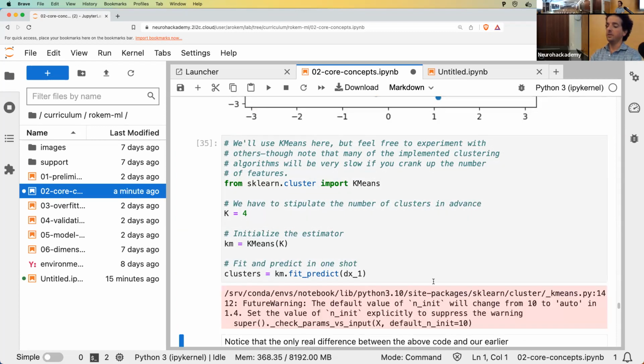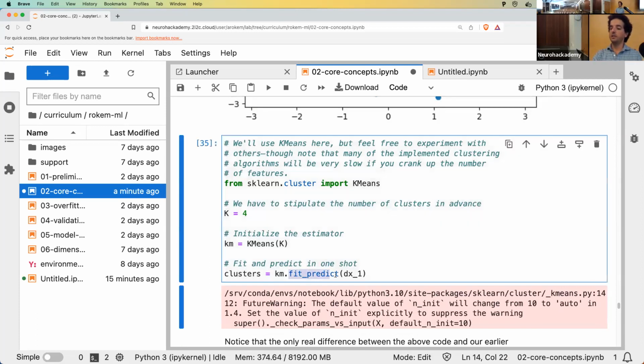And then in this case, we actually run, you remember that scikit-learn estimators have a fit method, and we could run fit here and then run predict. But in this case, there's no reason not to run fit and then predict in rapid succession by running the fit_predict method that does both of those things at the same time.